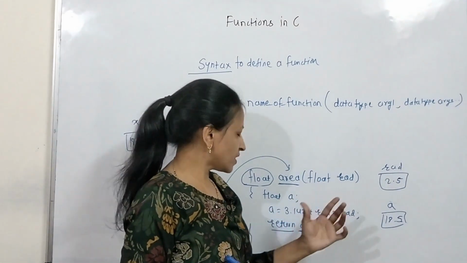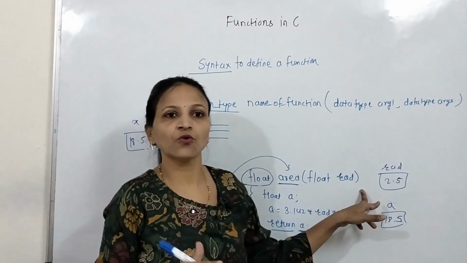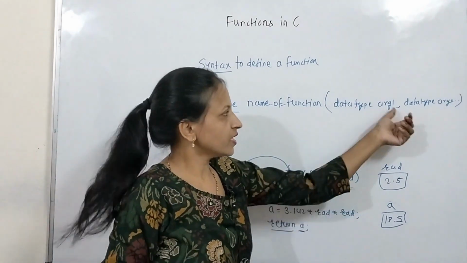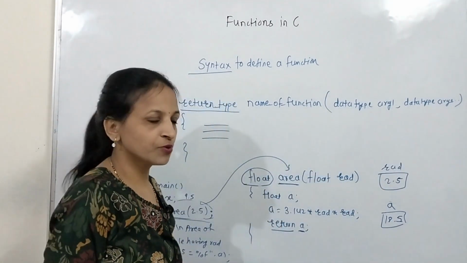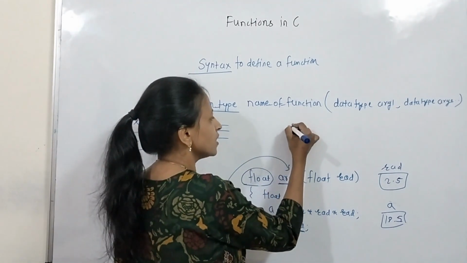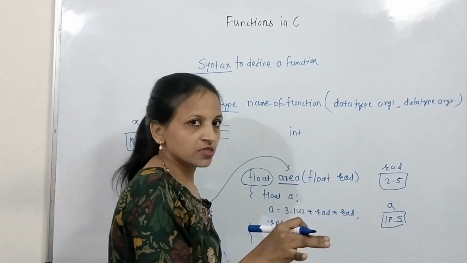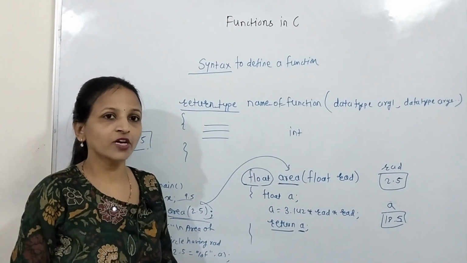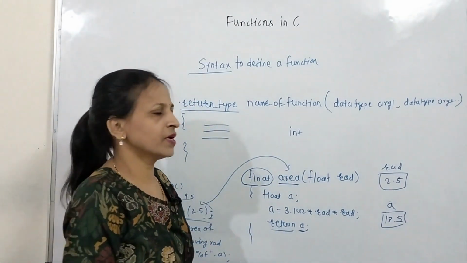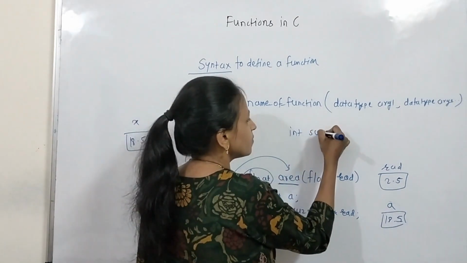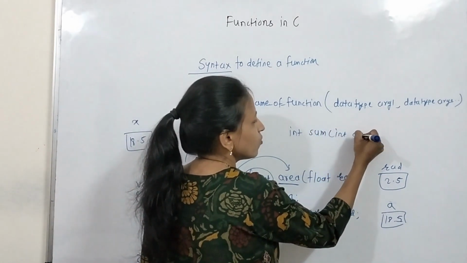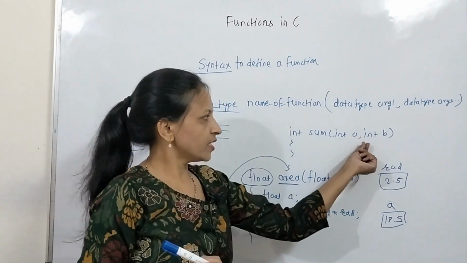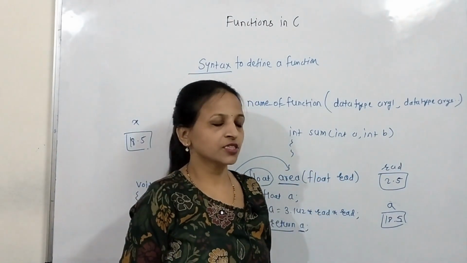Here I am only passing radius, that's why I have written only one argument like float rad. We can write any number. Suppose we want to do addition of two numbers, then we can write like this. Let both be integers. Then the return type will again be integer. Why? Because the sum of two whole numbers will always be a whole number. Now I will write like this, sum, then int a comma int b. Here again you can write any identifier. There is no restriction.